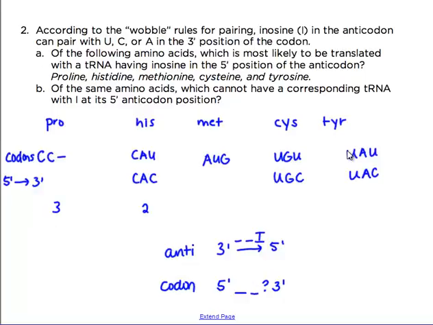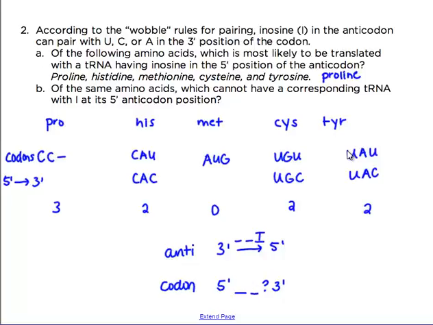For methionine, it's a G, and that can't bind with inosine, so that's 0. Cysteine has a U or a C, so there's 2 codons that can bind with the inosine. And tyrosine, again, is U and C. So the one that's most likely to be translated with the tRNA having this in the position of the anticodon is proline. And that's because 3 of the possible codons that encode for proline can bind with this altered base.